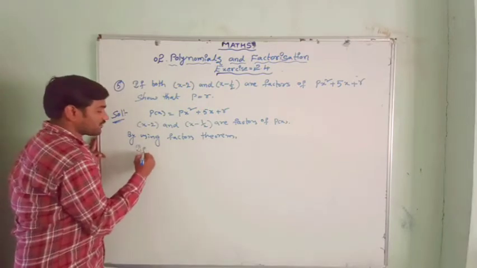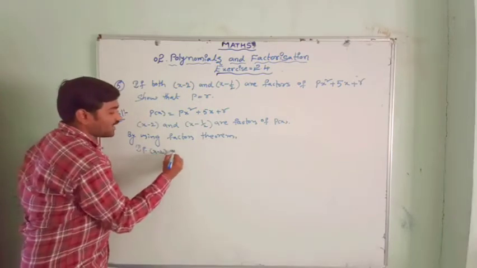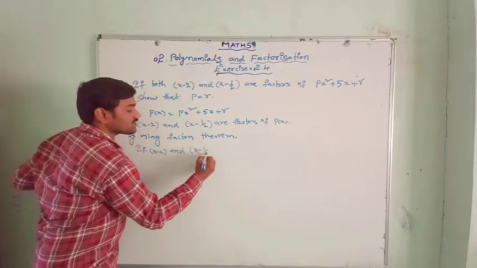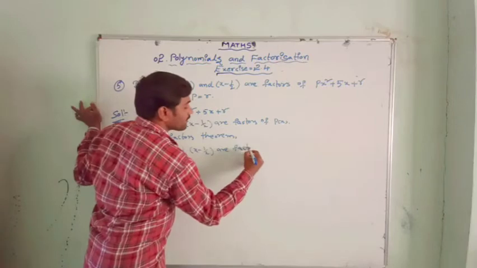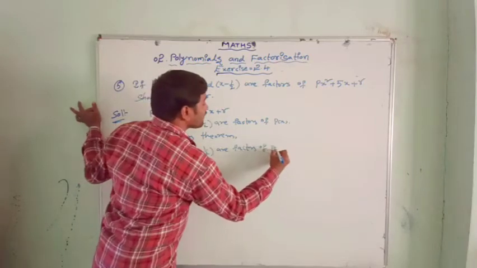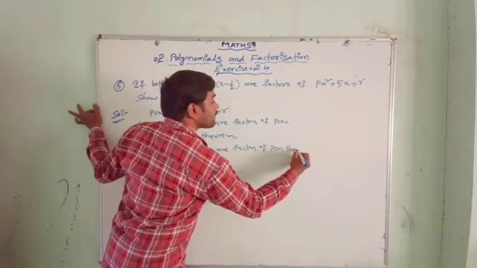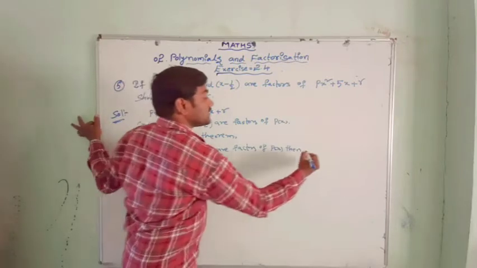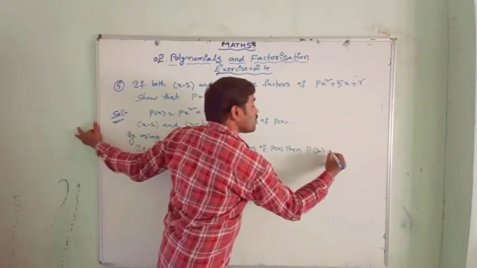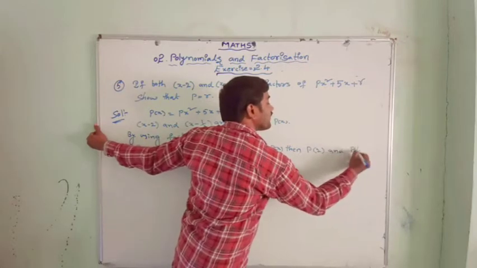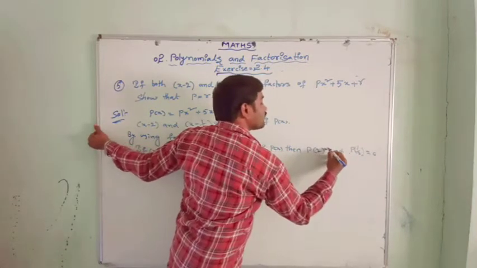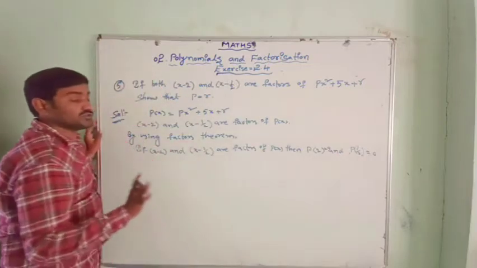if x minus 2 and x minus 1 by 2 are factors of p of x, then p of 2 equal to 0 and p of 1 by 2 equal to 0.